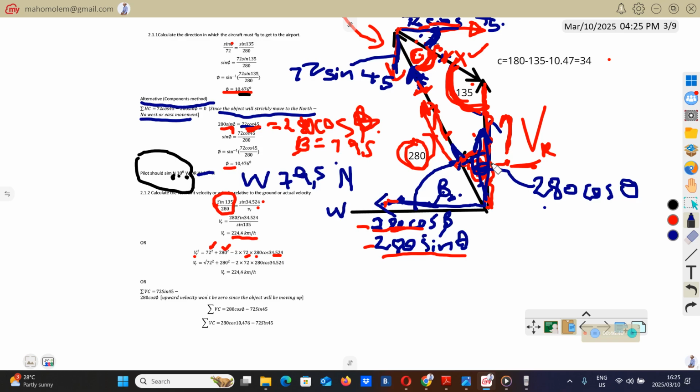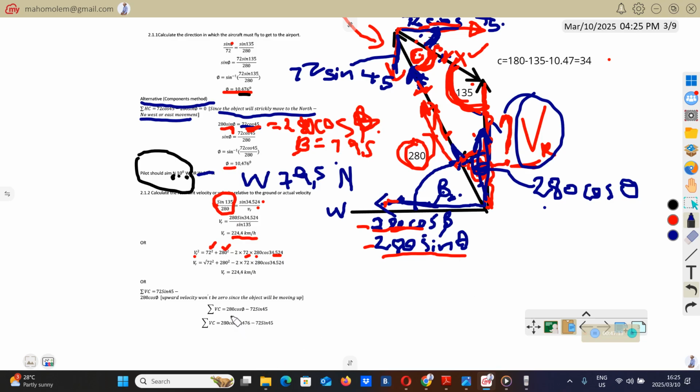As you can see, one is going up, one is going down. So that's why we're going to subtract them. This time, there is upward movement. So the sum of these vertical components is not going to be 0. There will be a vertical speed. So the sum of these vertical components is going to give us the resultant velocity.